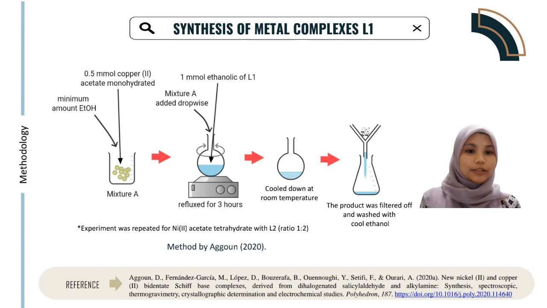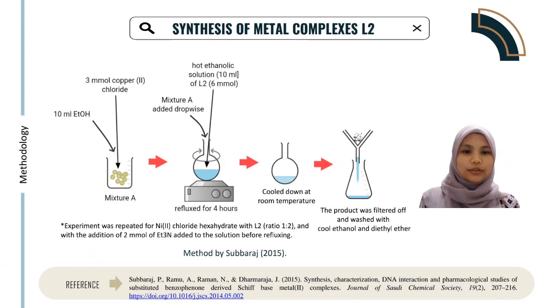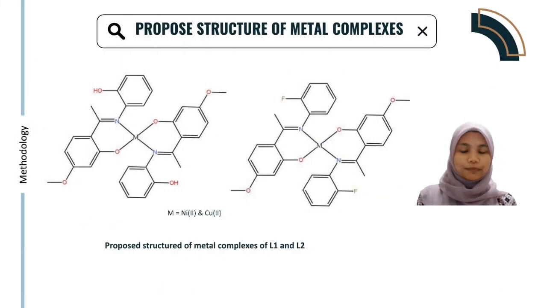This is the procedure to synthesize metal complexes of L1 and also L2. So the only difference is the addition of triethylamine in metal complexes of L2, which was washed with diethyl ether after washed with cool ethanol. And this is the proposed structure of metal complexes of L1 and L2 in 1:2 ratio.